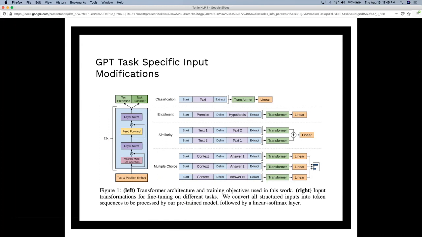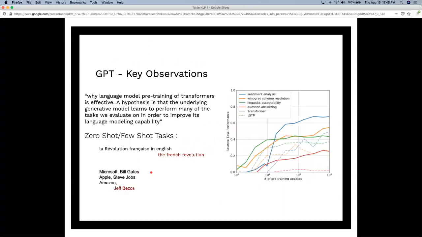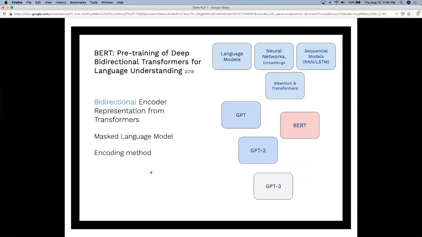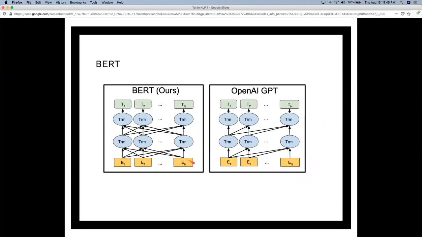But this idea was then pushed to a much better level by BERT. Let me show you one slide. This is the difference: in GPT you're only doing the language modeling, and there is a lot that you miss out on. But for most of the tasks we can see the entire thing.